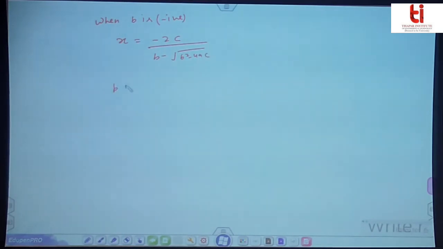When b is positive, as in our case, we get x1 equal to minus 2c upon b plus square root of b square minus 4ac. So if b is positive, there is a positive sign, and if b is negative, there is a negative sign, but otherwise it is minus 2c in both cases. So this is to note.